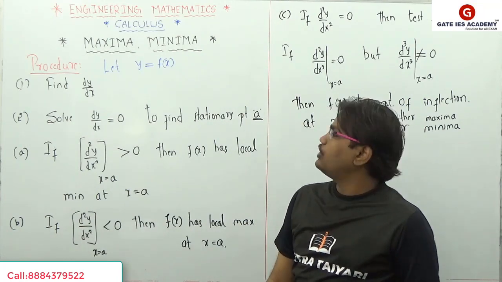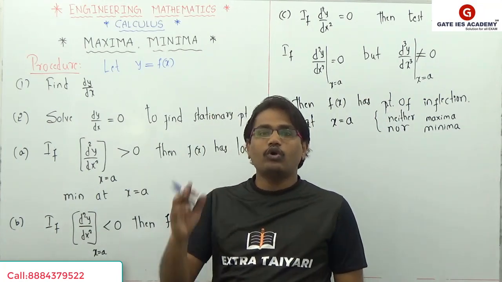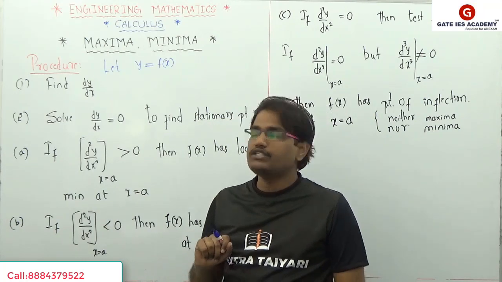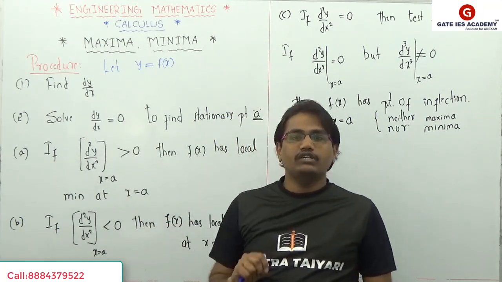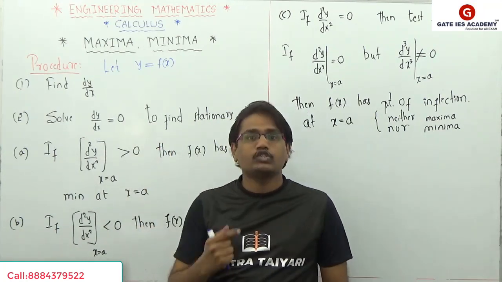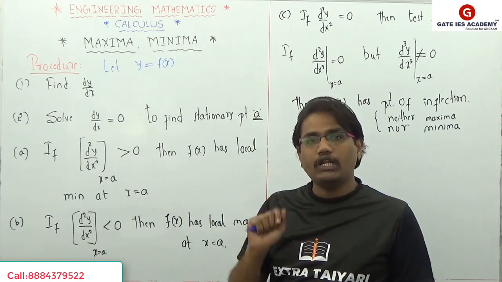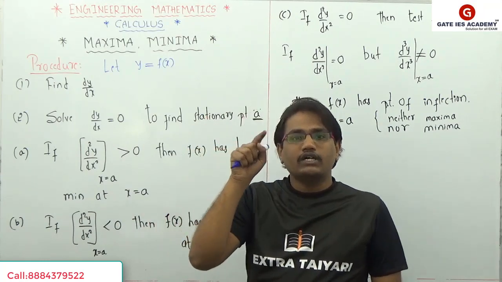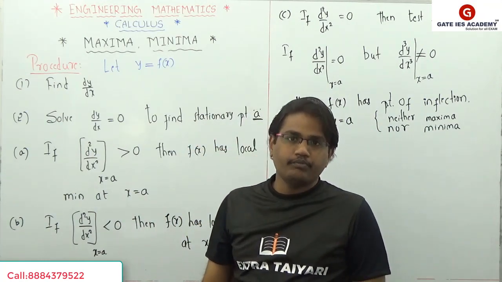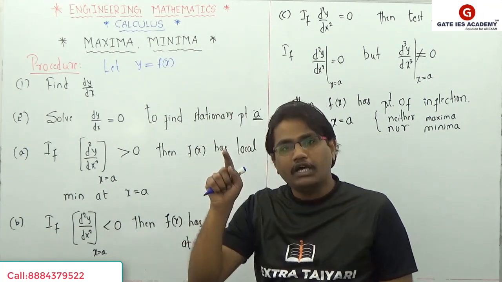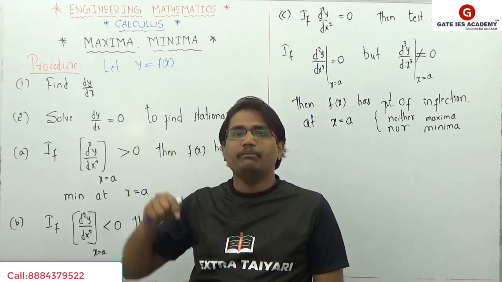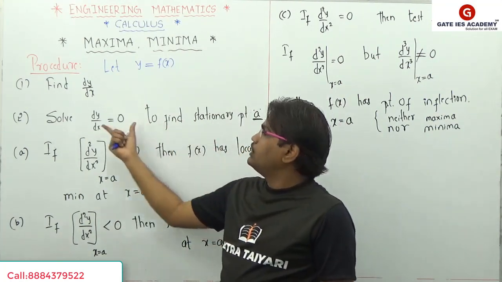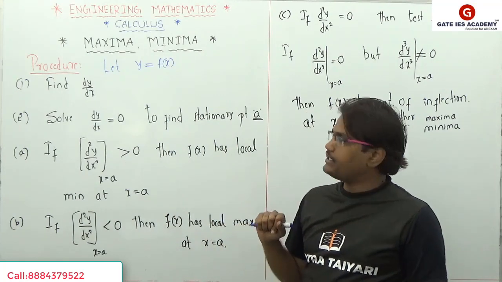Because we always know that at local maxima and local minima, the differentiation is equal to 0. That is, the slope is 0. Horizontal slope will be there. Peak points have 0 slope. Peak points may be a maxima value or a minima value. So dy by dx equal to 0.